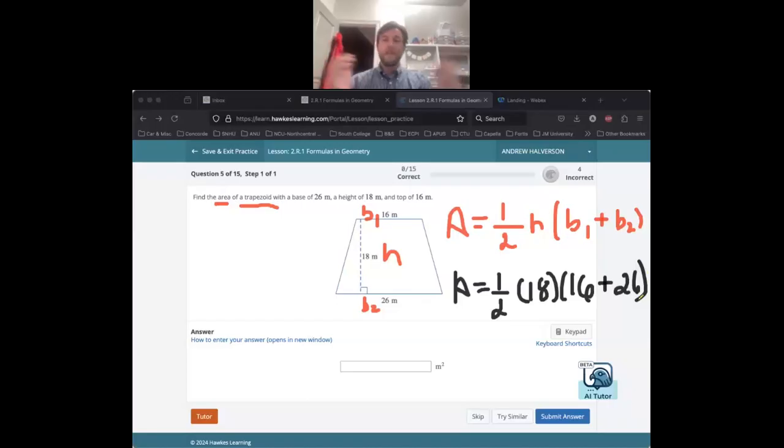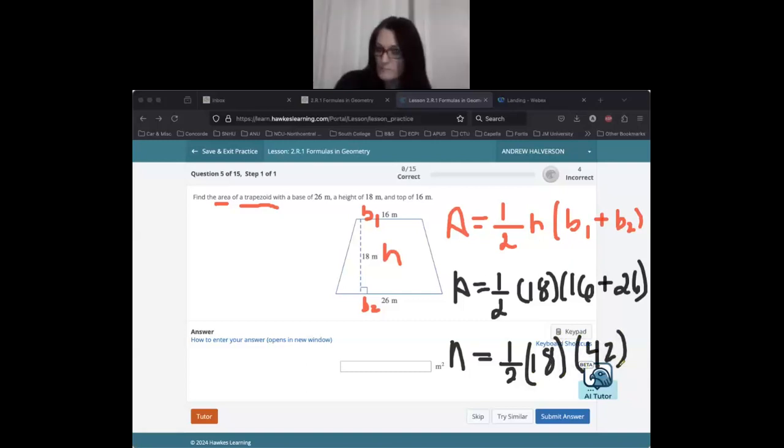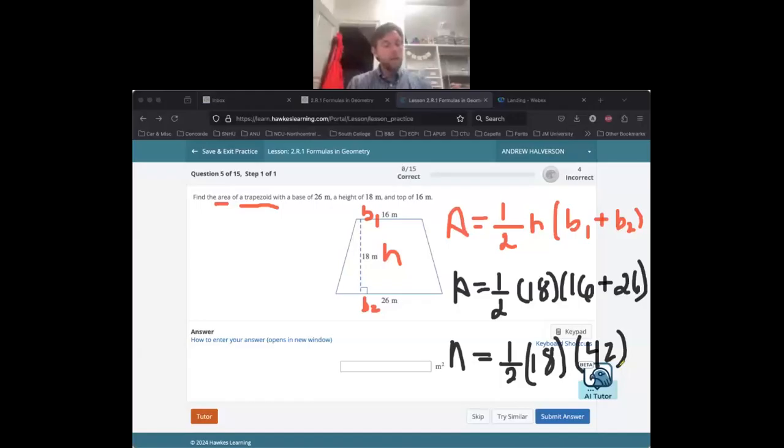Once you've got it filled in, now it's order of operations. So this becomes area equals 1/2 times 18 times 42. And now we can multiply. 1/2 times 18 is 9, times 42 is 378. So that's the answer. Area is 378. Boom.